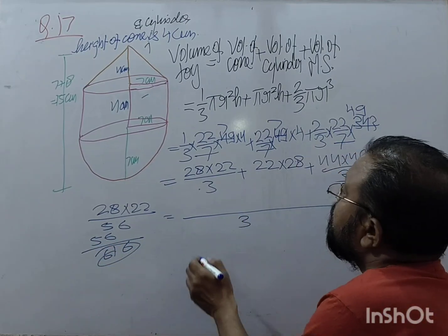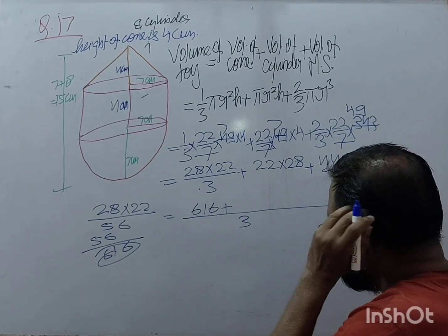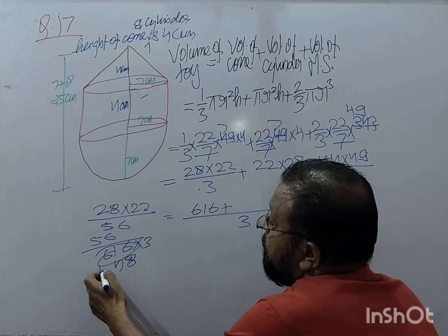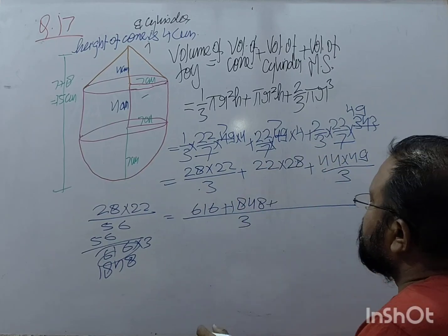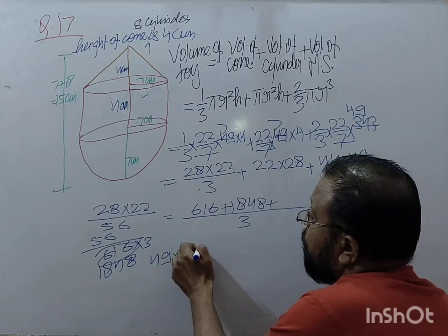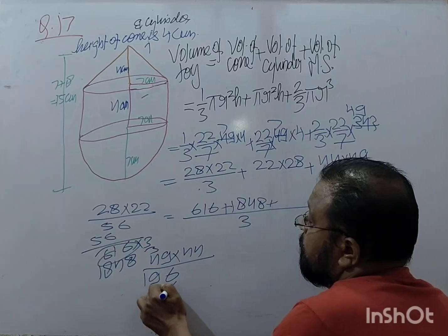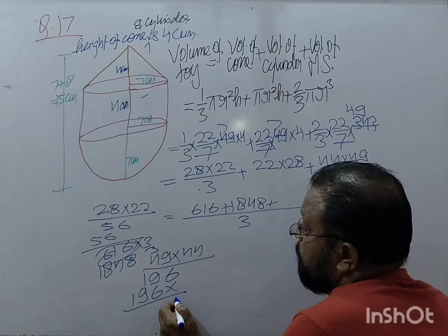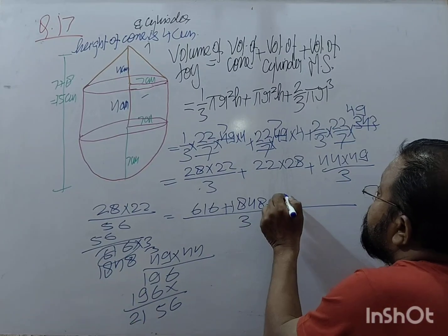Is it? 616 plus 616 into 3, 1848, plus 49 into 44, 2, 1, 5, 6. 2156.